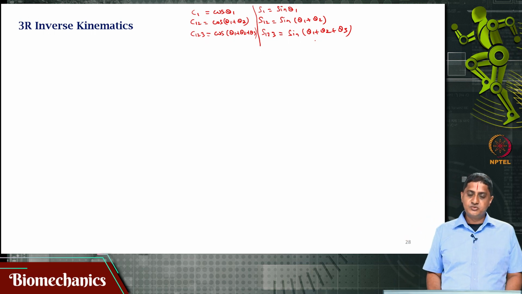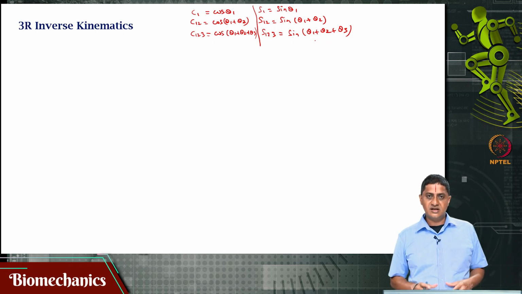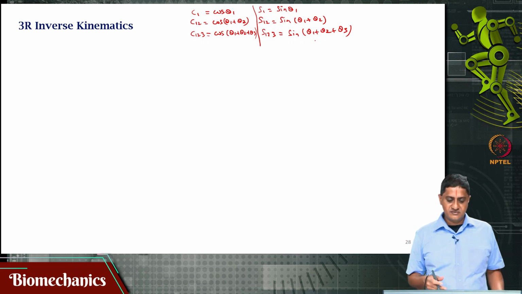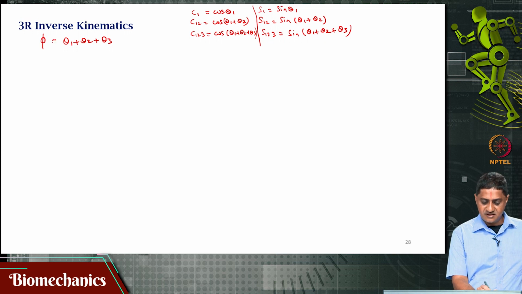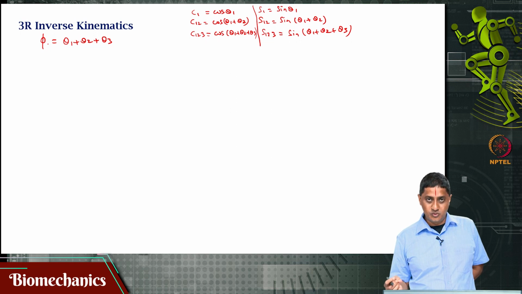One more thing that I am assuming here is I know the inclination of the last link with respect to the ground. The total inclination that the last link is making is something that I know. That is, I know the value of theta 1 plus theta 2 plus theta 3. Let me call this with some variable phi. This is assumed to be known.